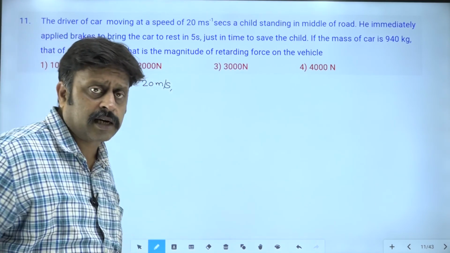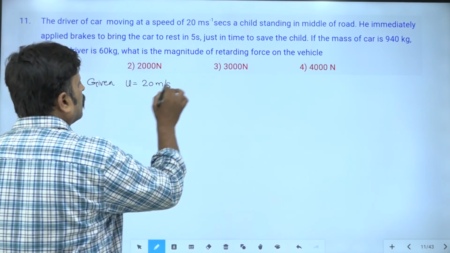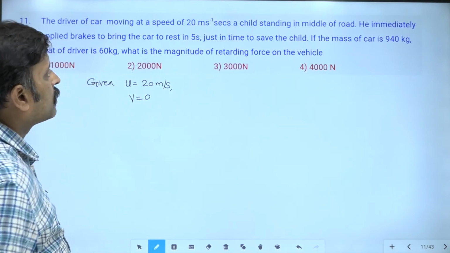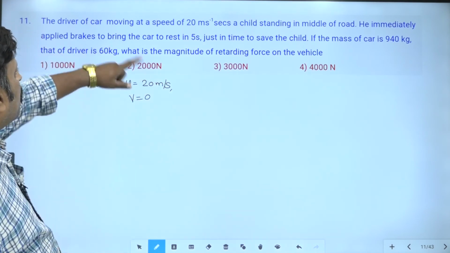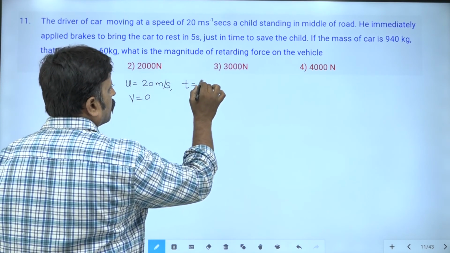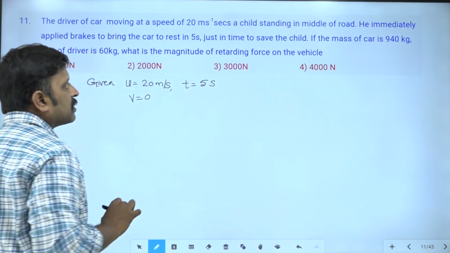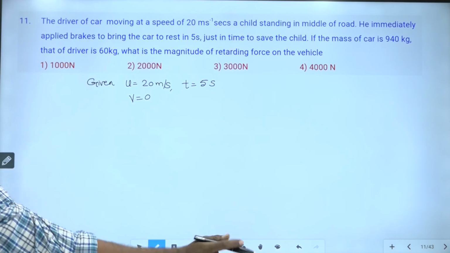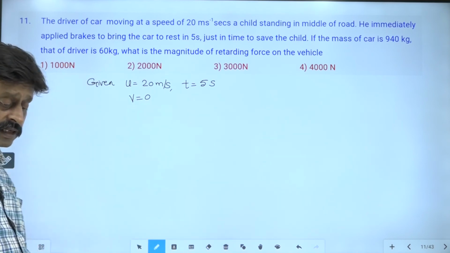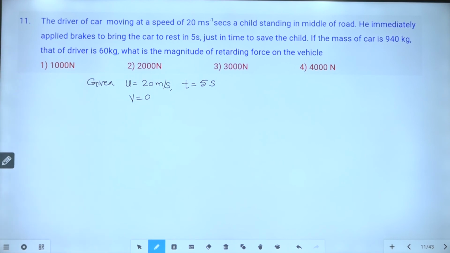The car finally stops now. That means the final velocity of the car will be 0. Immediately applies the brakes in 5 seconds. Time is 5 seconds. Mass of the car is 940 and mass of the driver is 60.